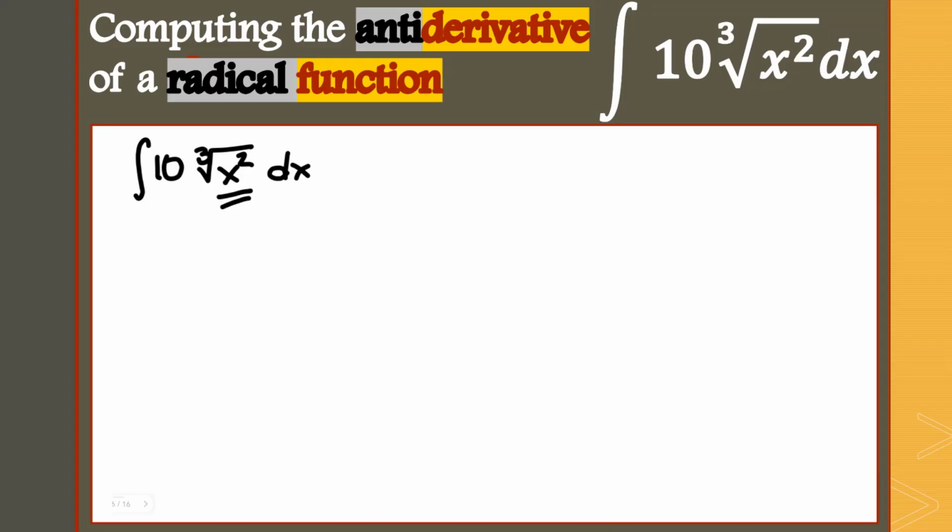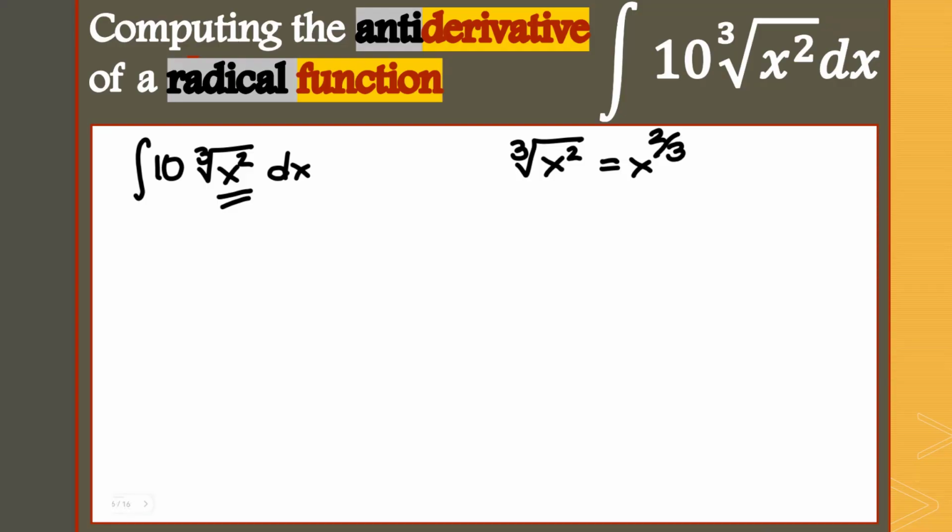So we know that the cube root of x squared, when written as an expression with a fractional exponent, is equivalent to x to the power of your numerator, which is the exponent of your radicand, and the index, which is 3, becomes its denominator.